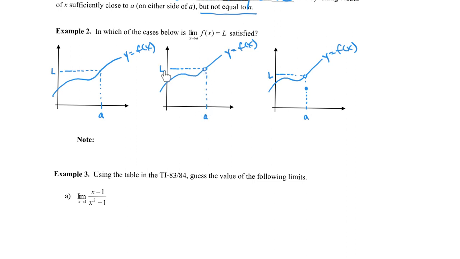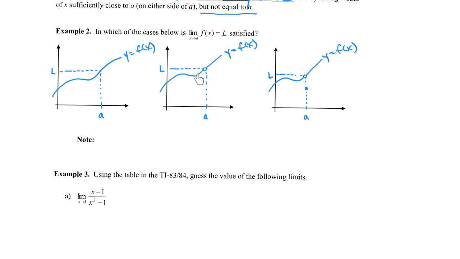I mean, if L is 7 in this case, couldn't I find an x value that could make this function be 6.99999? And if that's not close enough, how about 6.9999999? I mean, I could keep going, right?